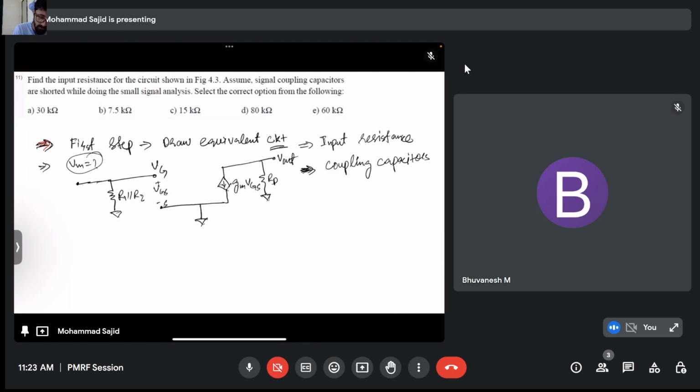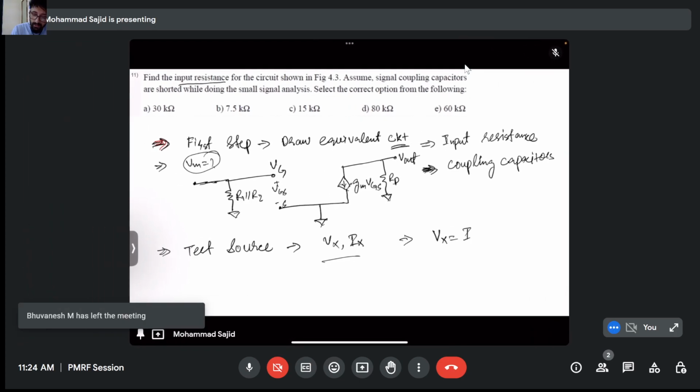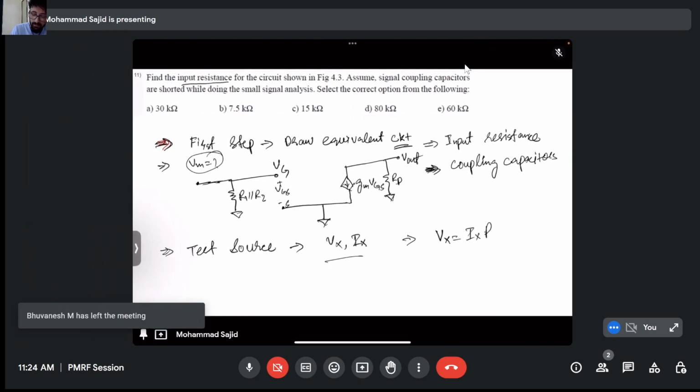I will just say that to calculate the input resistance, we use a test source Vx with current known to us as Ix. So to find resistance, we can use directly Ohm's law. We will get Ix into R, right? R is our Rin.